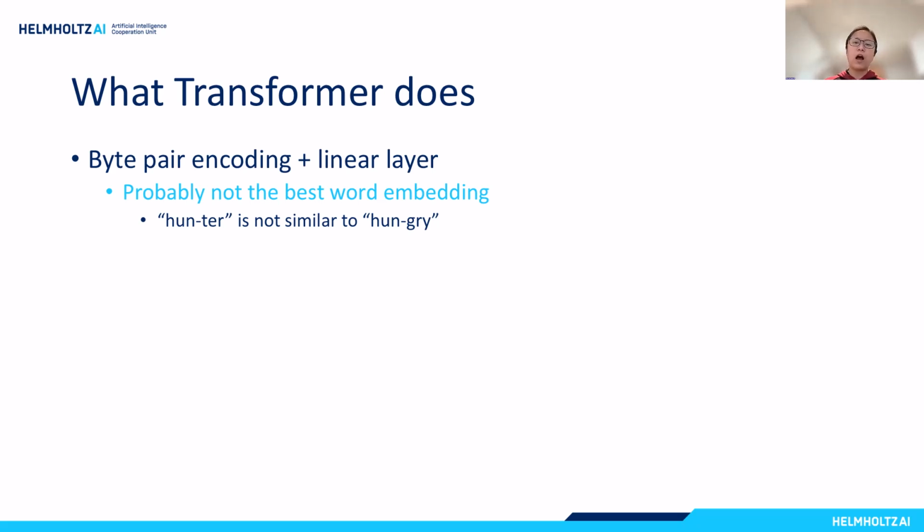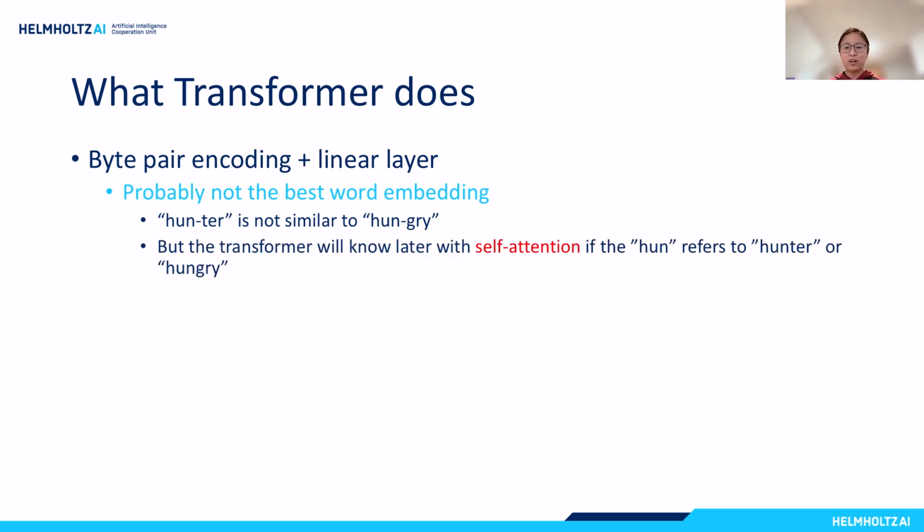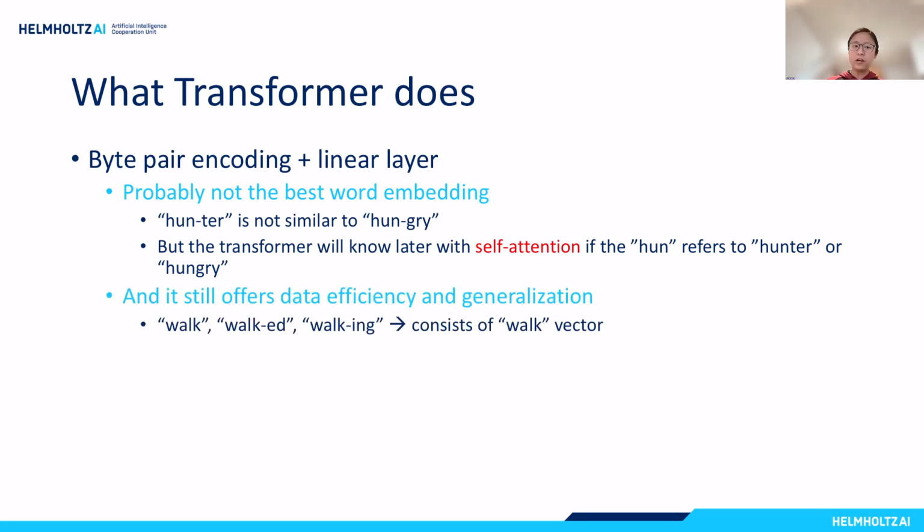For example, hunter is not similar to hungry, but the transformer will know later with self-attention whether the hun refers to hunter or hungry. Anyway, this method still offers data efficiency and generalization since, for example, walk, walked, and walking will not need totally separate vectors since all consist of the vector walk.